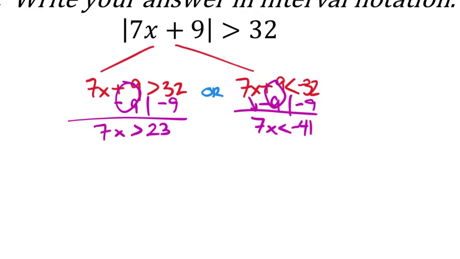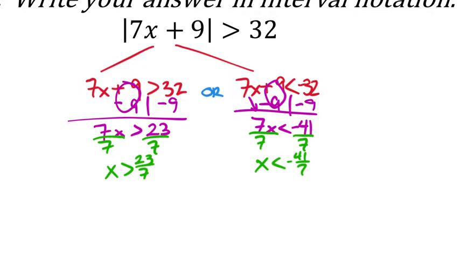None of these are very convenient values, but divide both sides by 7, a positive coefficient, so it's going to keep the inequality the same. So it looks like I get x is greater than 23/7, or, I'll put the or statement in here in a second, x is less than negative 41/7. There we go.